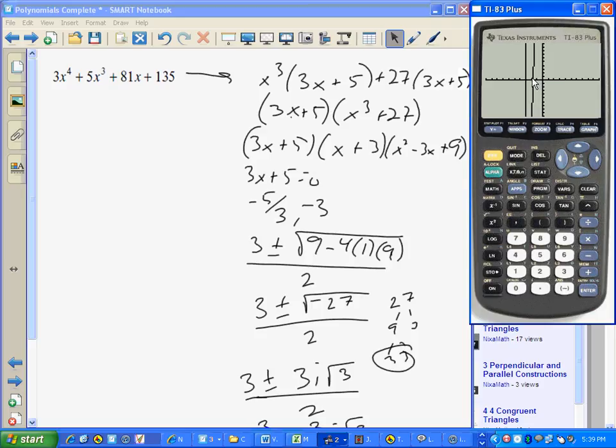And my roots are going from -4 up, so I'm going to have my table start at -4 and go up by a third. Okay, then I would see that there's one at -3, which I found when I factored also, and the other one is -1 and 2/3, which is -5/3. So I would divide those out.